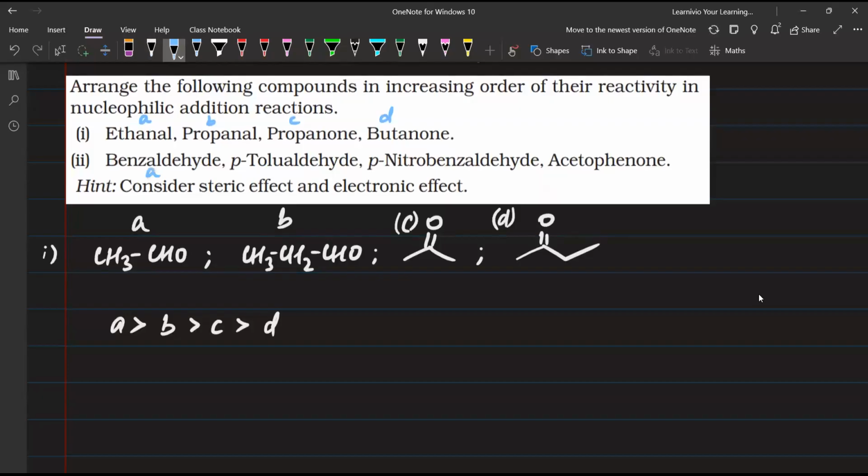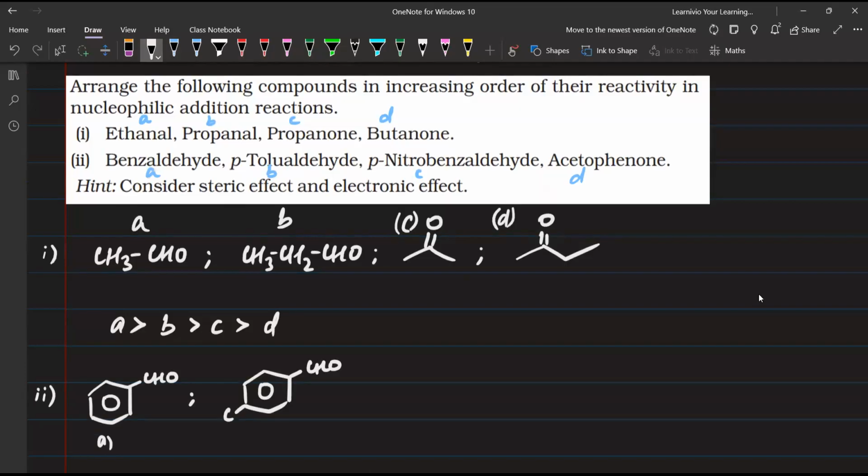Now let us see this one: A, B, C, and D. First, second one, benzaldehyde, benzene ring with a CHO, A. P tolualdehyde. P tolualdehyde का मतलब क्या हुआ? CHO पैरा पोजीशन पे और CH3. Very good.